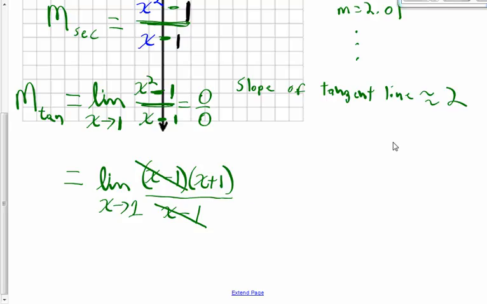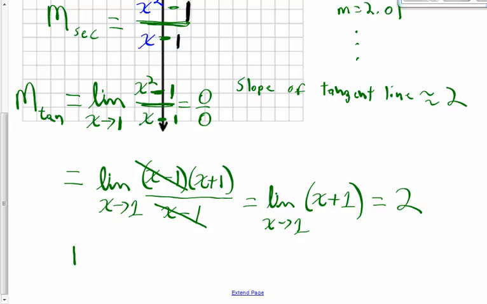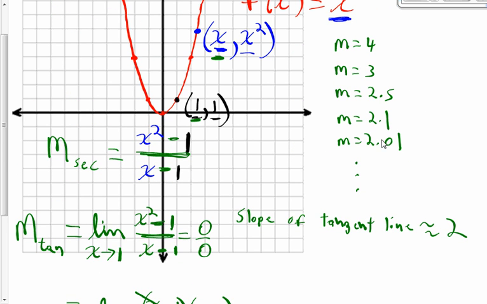And I see that the slope of the tangent line is just the limit as x approaches 1 of x plus 1. Well, that's good, because this limit I can calculate just by plugging 1 in. So this is equal to 2. So you see, the slope of the tangent line is equal to 2, which is exactly what I approximated it to be with this process right here.